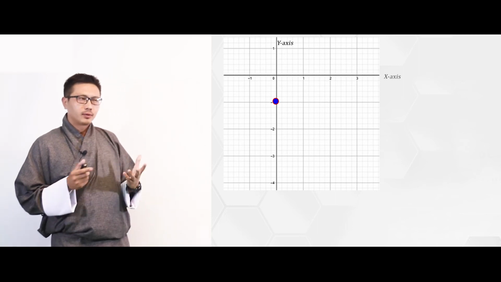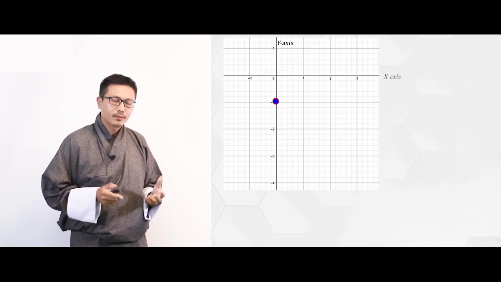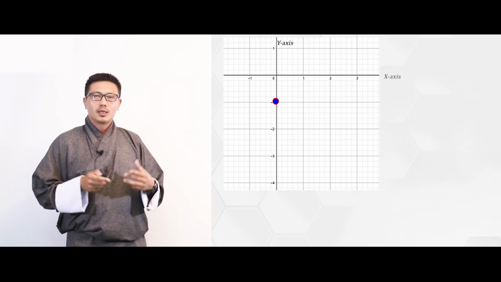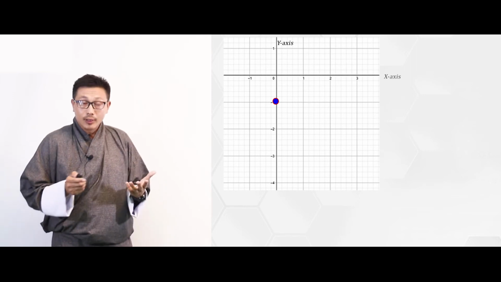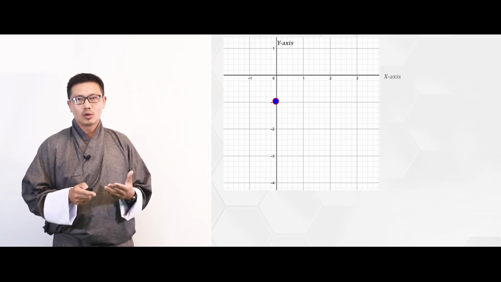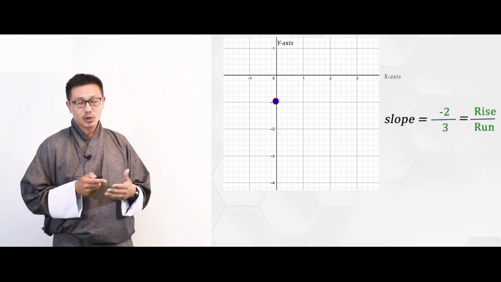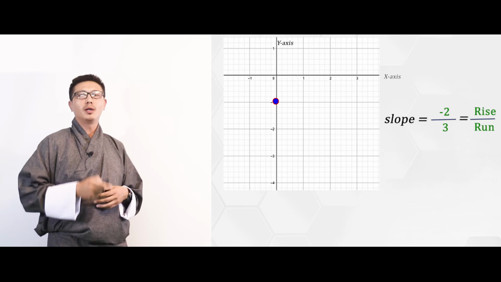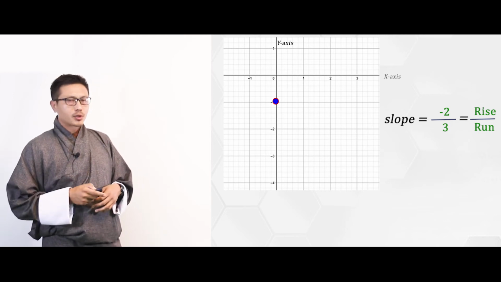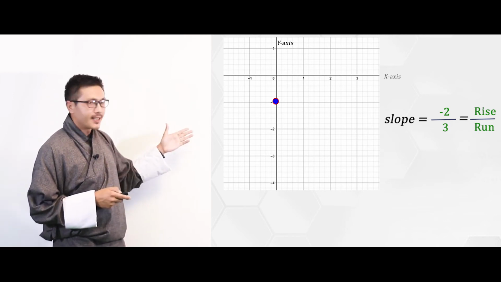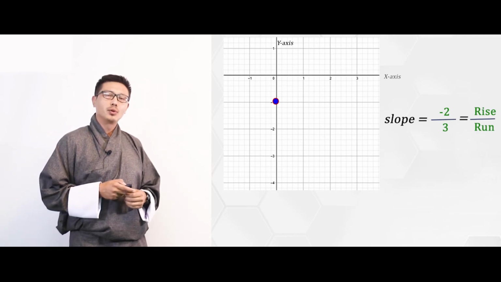Now we have used the value of our y-intercept. Now let's go back to the slope. For the slope, the value that we got from the equation is -2/3. Basically, this fraction represents the slope, which is the rise over run. So here, the rise, as you can see, is -2.